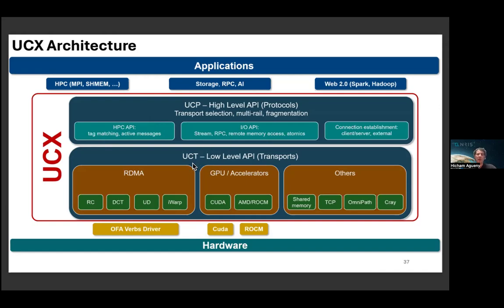At the low level, it consists of RDMA capability, as I mentioned, that enables memory-to-memory transfer in a remote system without involving the CPU. It supports GPU accelerators, both CUDA and ROCm, but also other networks, OmniPath, since we mentioned OmniPath and Cray.